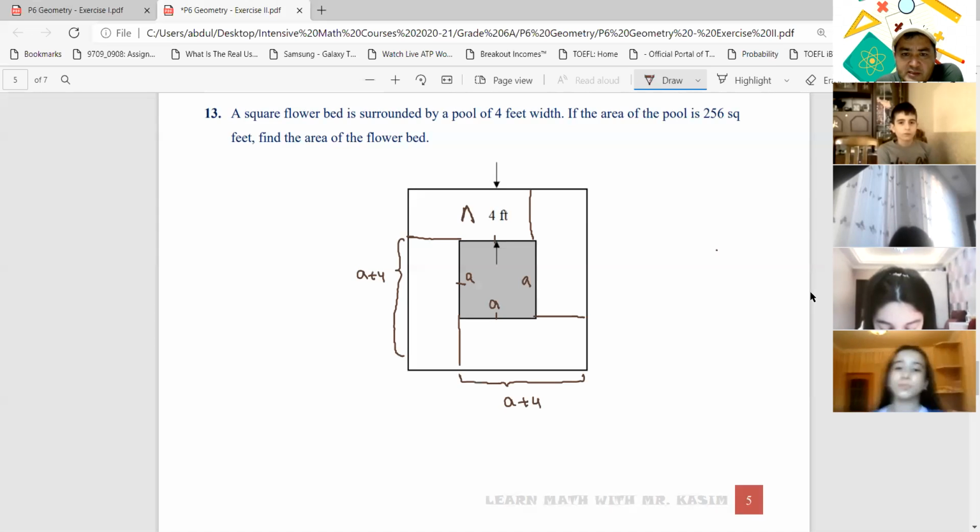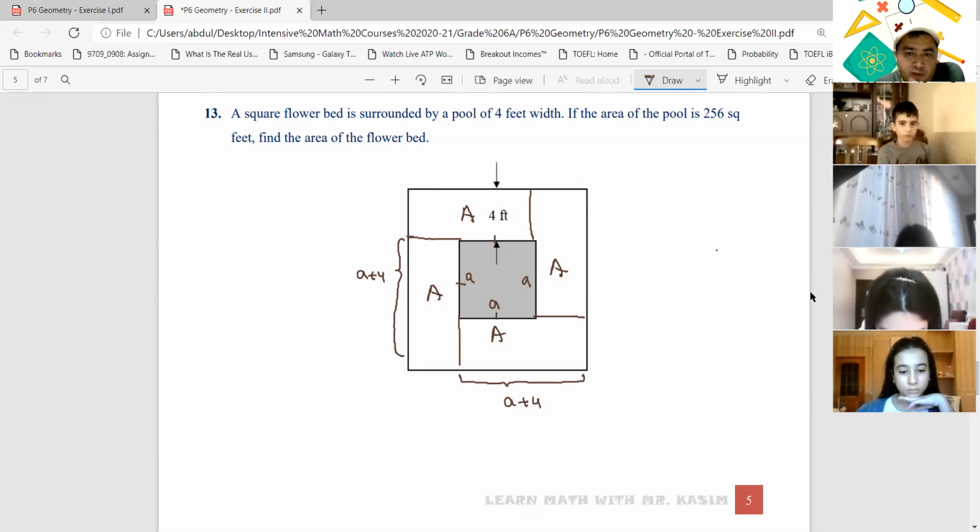Anyway, the area of the pool consists of 4 rectangles. So 4A is equal to 256. From here, what is A? 256 over 4. That's equal to 64. All right. That's our first step.